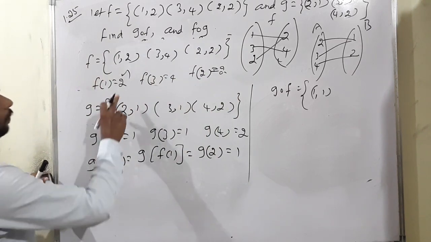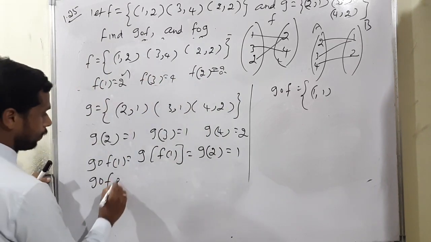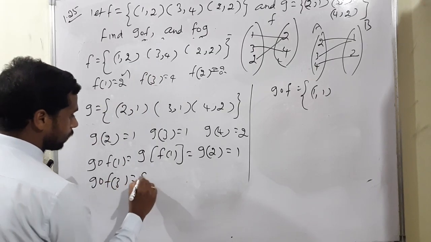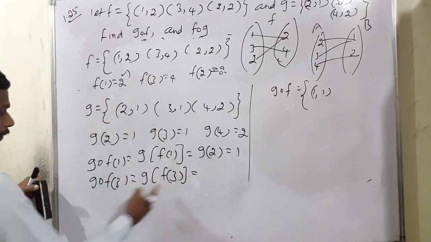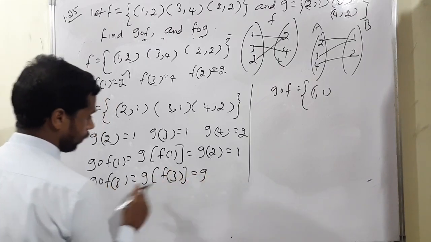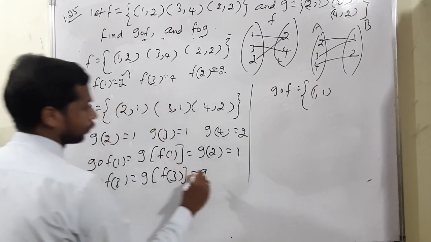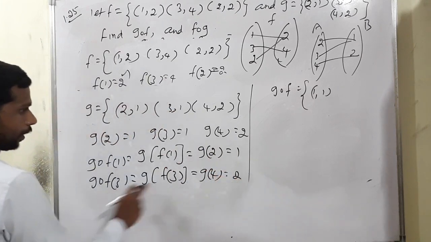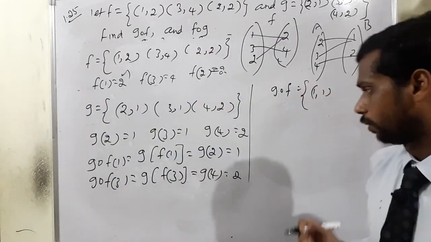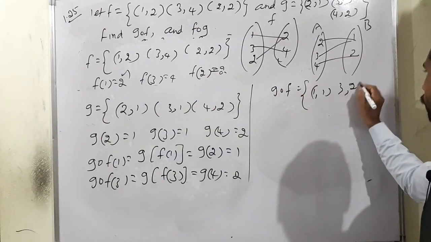The next case, g dot f of the next pair 3. g dot f of 3 means we can write g of f of 3. So g of f of 3 is equal to what value? 4. Now g of 4 is equal to 2. Now the output is (3, 2).